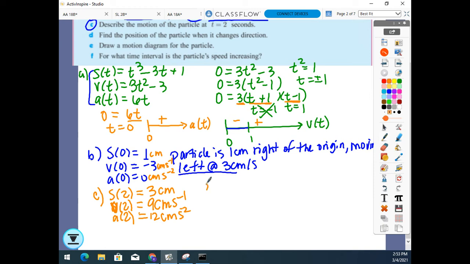So I'm going to say at t equals 2 seconds, the particle is 3 centimeters to the right of the origin.